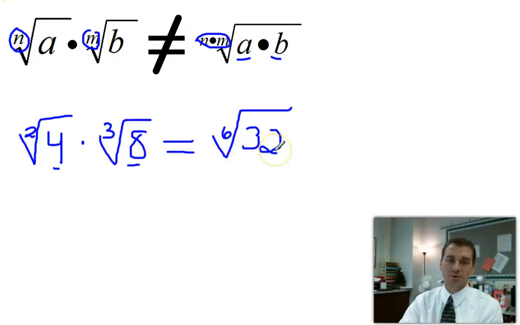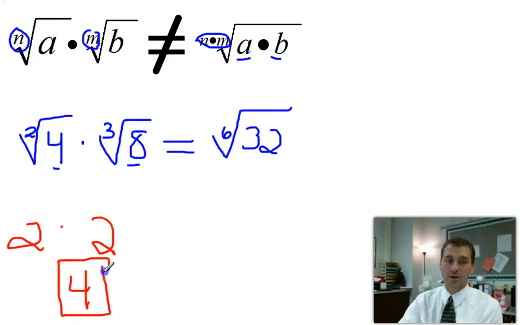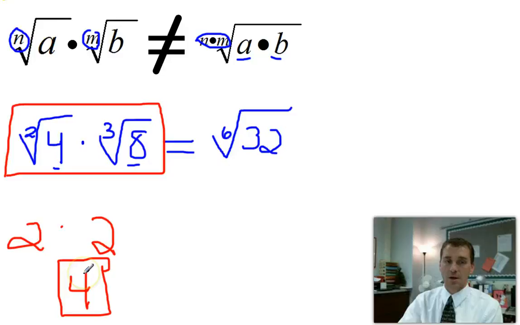The 6th root of 32 gives you a decimal. Over here, you would see this, very simple. The square root of 4 is just 2. The cube root of 8 is also 2. So 2 times 2 will give you 4. So this whole thing technically simplifies, when given to you like this originally, to a 4. It's not equal to the 6th root of 32.